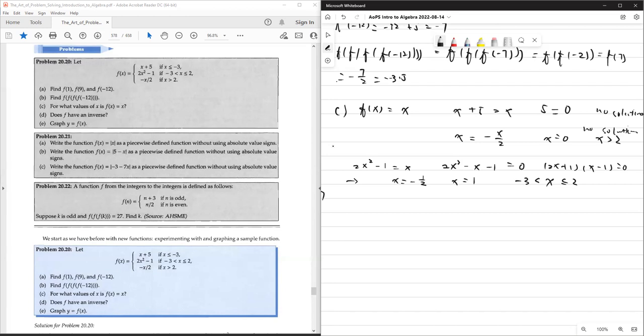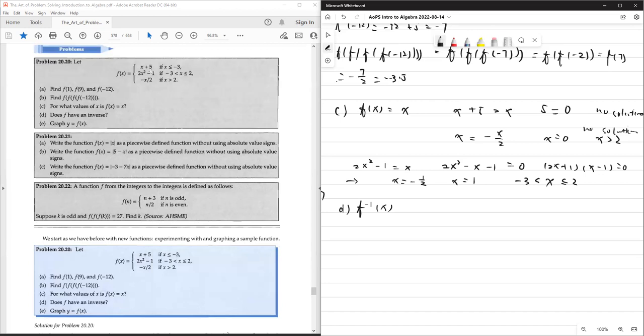So does f of x have an inverse? For f of x to have an inverse function, f inverse of x, remember this? It has to be one number in, one number out. But we can see in this range, because we have the square, say, for example, x equals to 1 and x equals to -1 gives you the same number, 2.